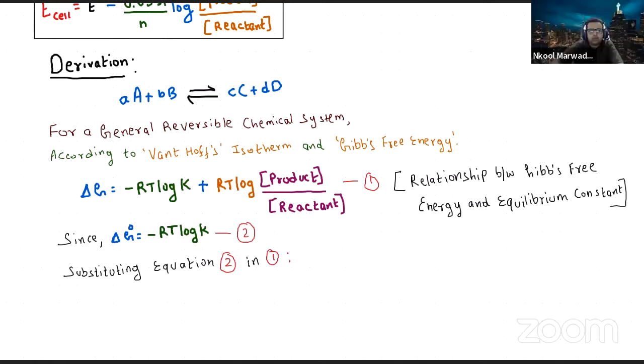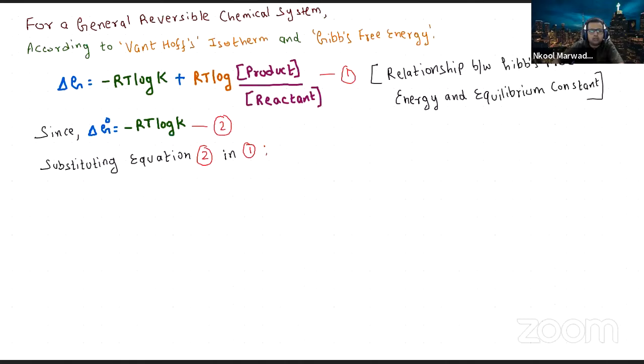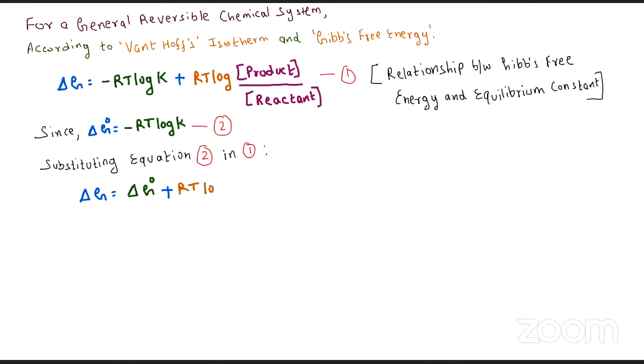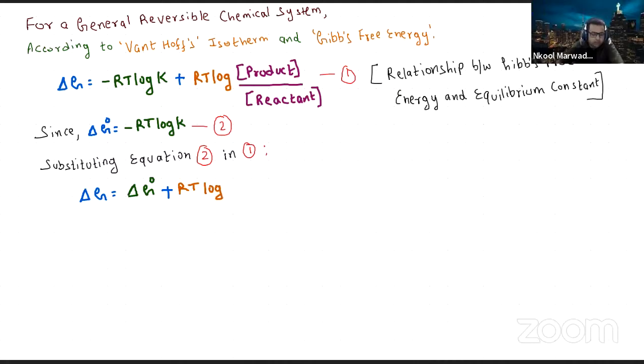We will get something like this that I'm writing. Delta G is equal to delta G naught plus RT log of concentration of product upon concentration of reactant.